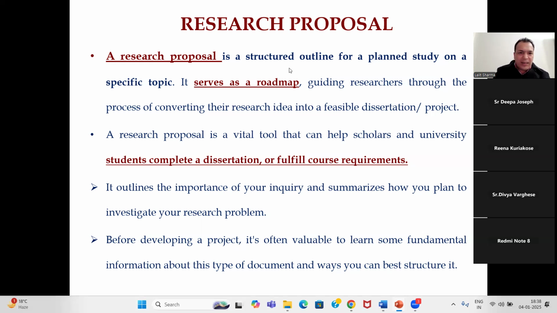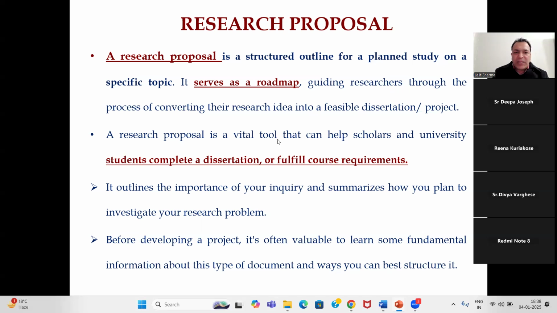So again, a research proposal is a structured outline for a planned study on a specific topic. It serves as a roadmap, guiding researchers through the process of converting their research into a feasible dissertation. Has the concept become clear? Got it?